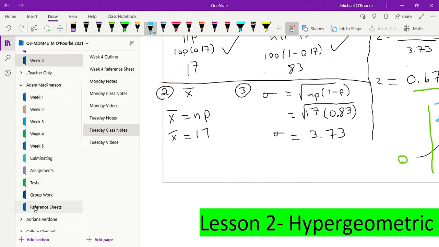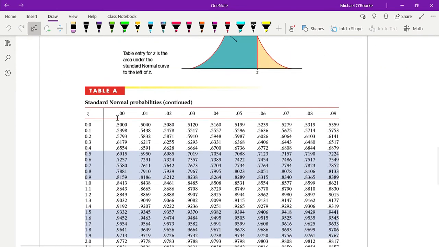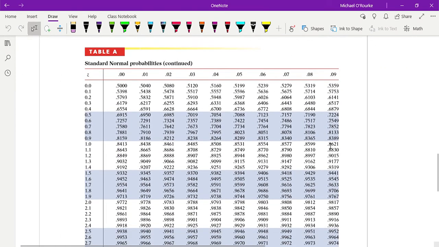Where are we here? Let's go to our Z-score. We have 0.67, right? So 0.67 is, let's go 72, okay?